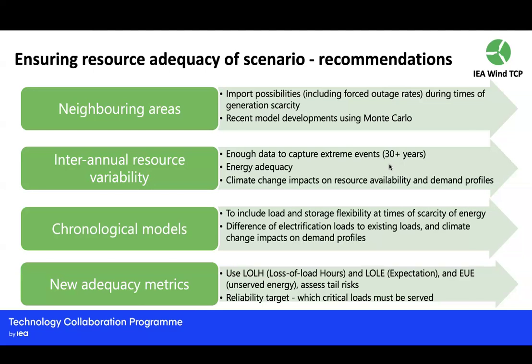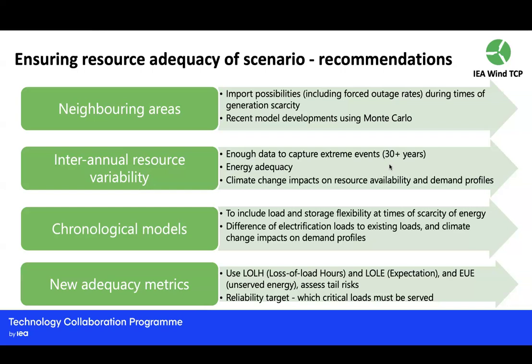How this is done is quite difficult with old tools. So these model developments, simulating hour by hour and using Monte Carlo for all the outages, are the best way we know to do this.